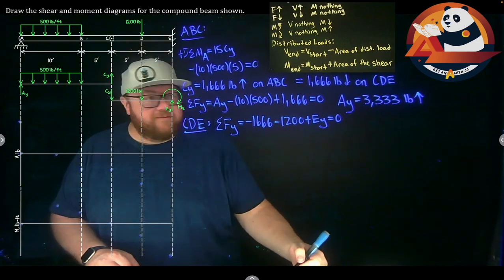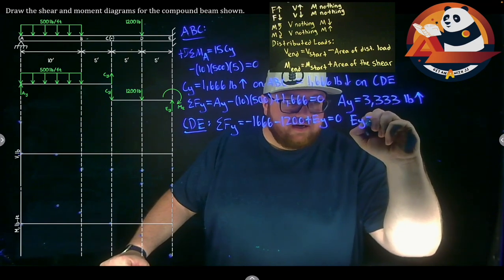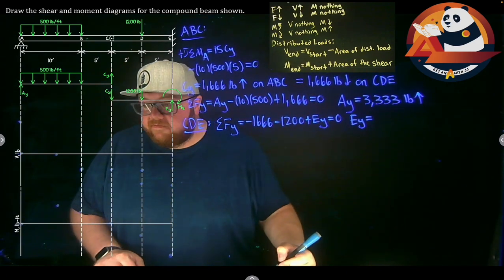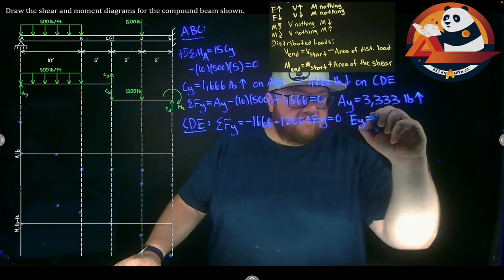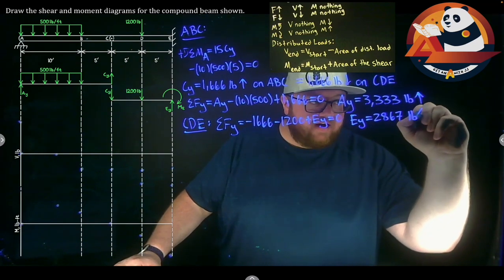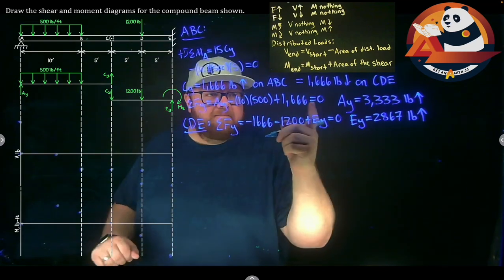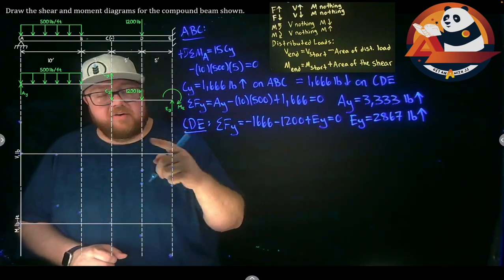If I solve that for EY, I get 2,867 pounds going up. And finally, I can figure out my moment, MA, my fixed support resist moment.